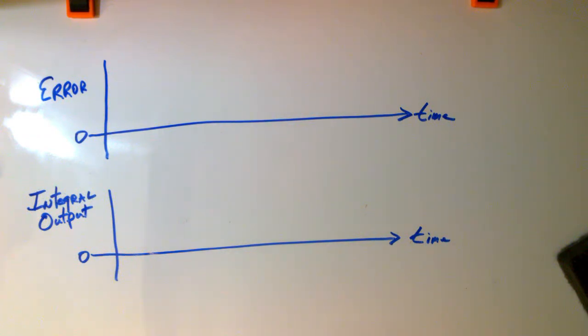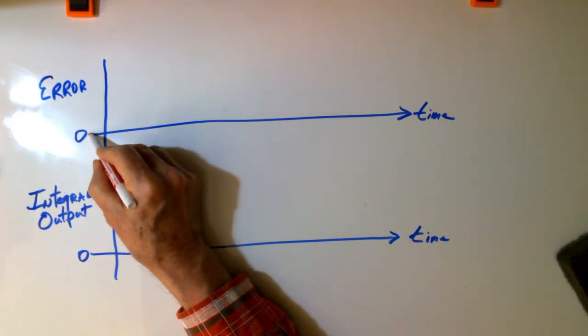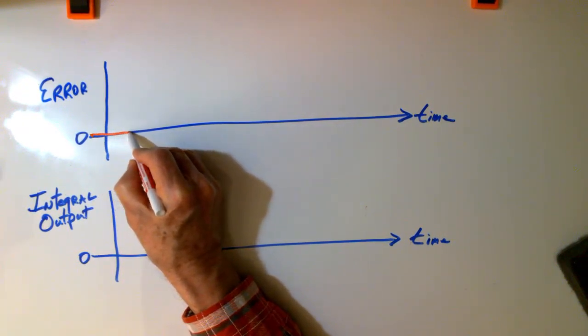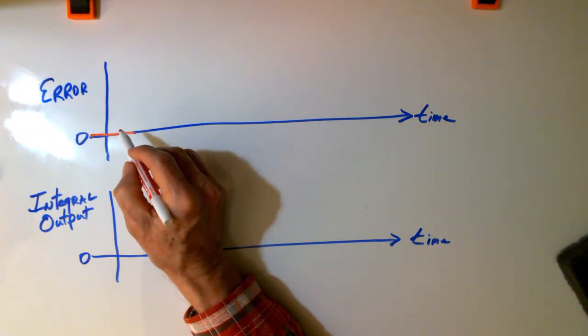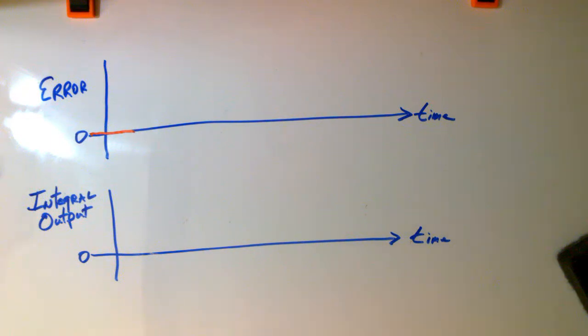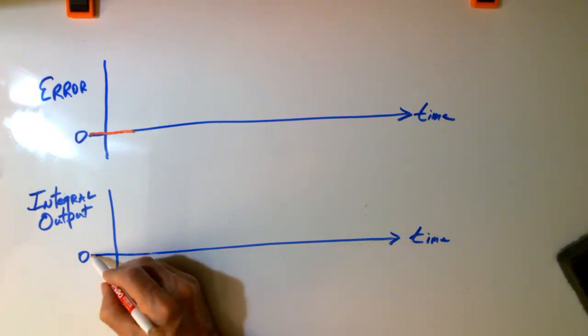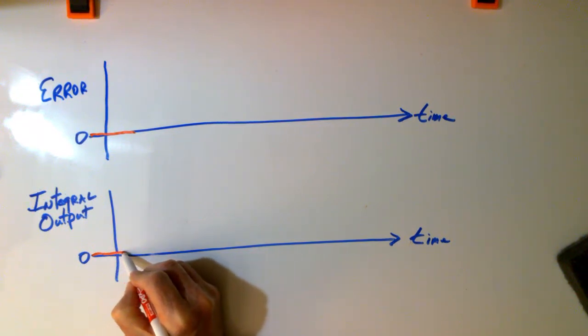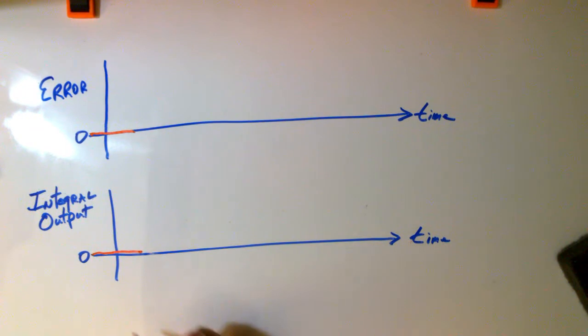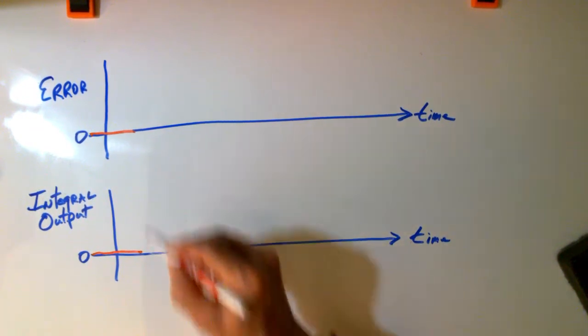So let's say our process is operating and we don't have an error. The set point is equal to the process feedback, so it's happy. The integral just happened to be at 0, and I'll just draw it like that because the error was at 0. And then all of a sudden we get an error.